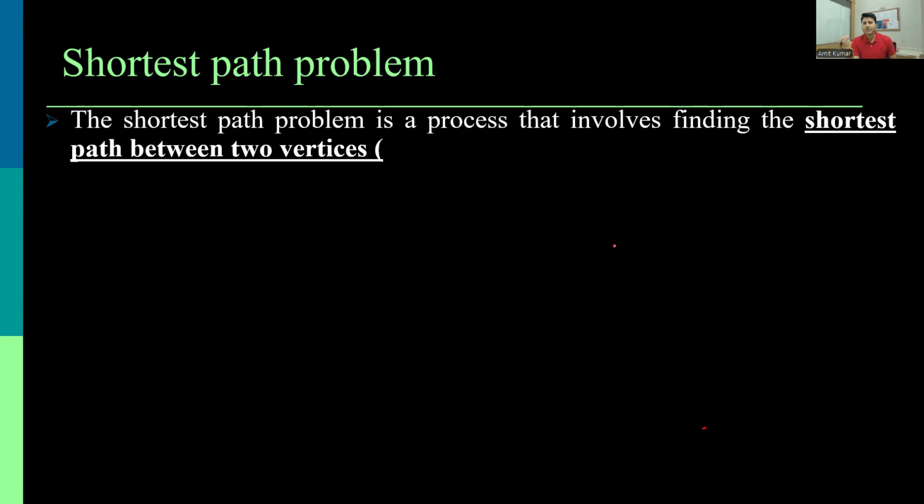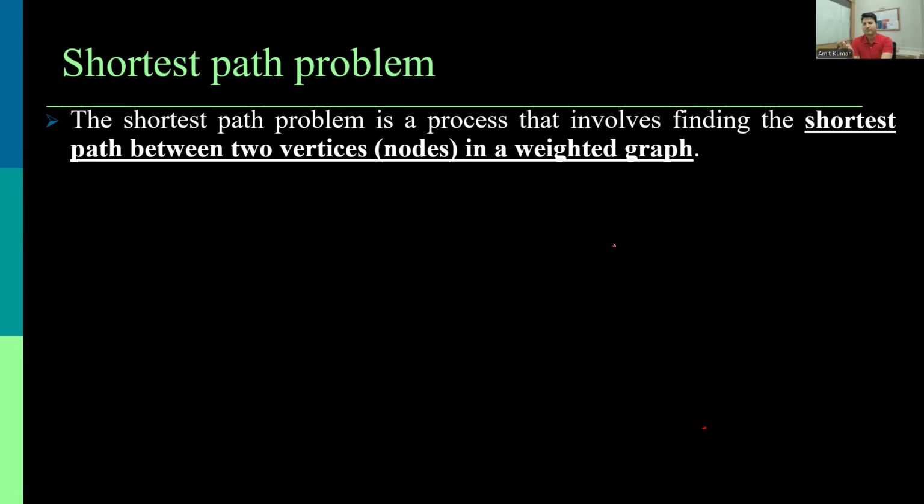The shortest path problem is a process of finding the shortest way to move from a vertex A to a vertex B, where each edge is given some weight. This concept is only for the weighted graph, so that's why we are writing it in terms of weighted graph.